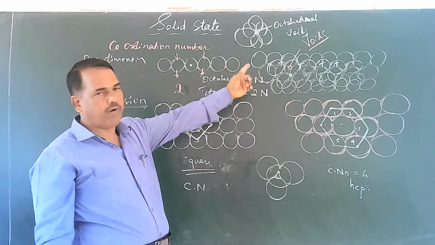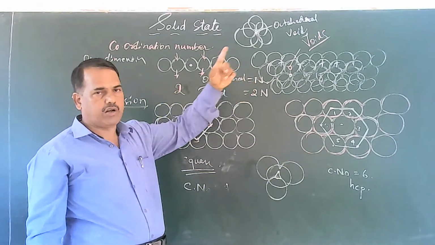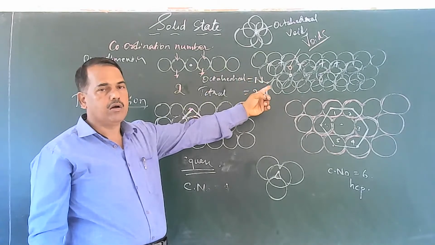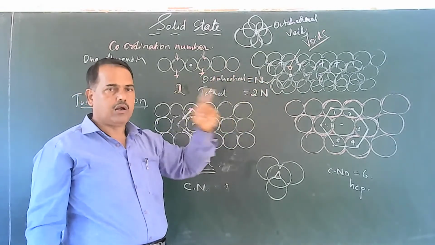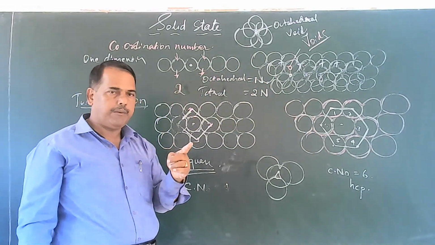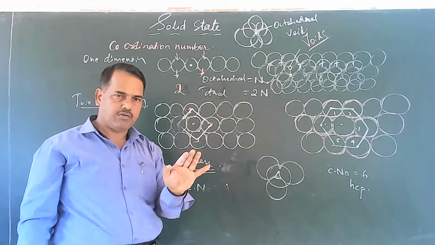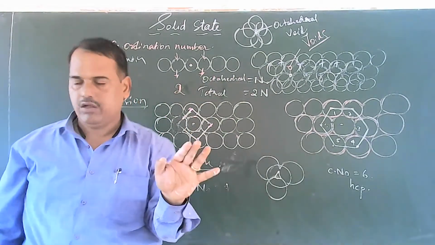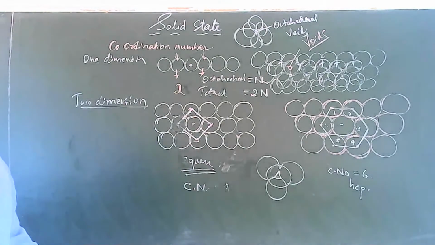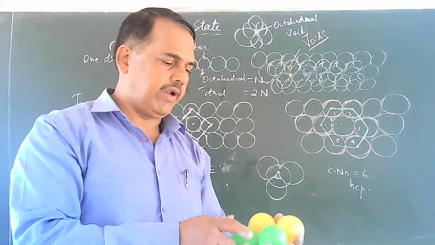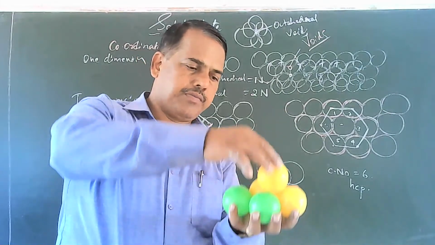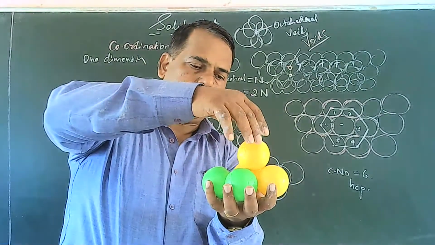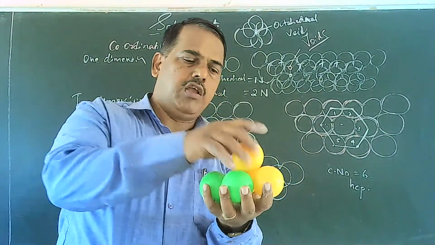And again we studied about the voids, which are the tetrahedral void and octahedral void. Tetrahedral void is obtained by 4 spheres. I'll show again. See, this is nothing but a tetrahedral void.